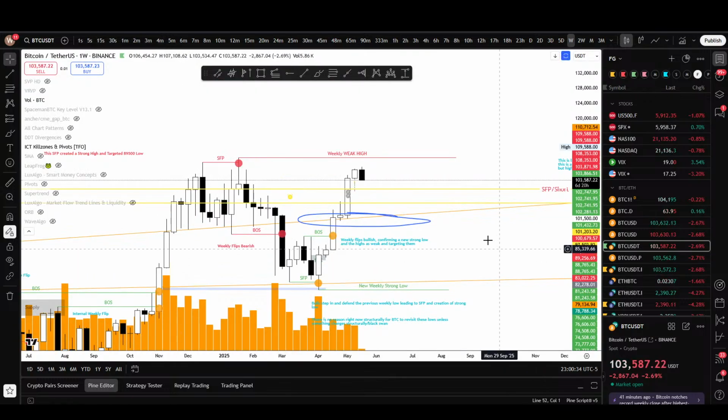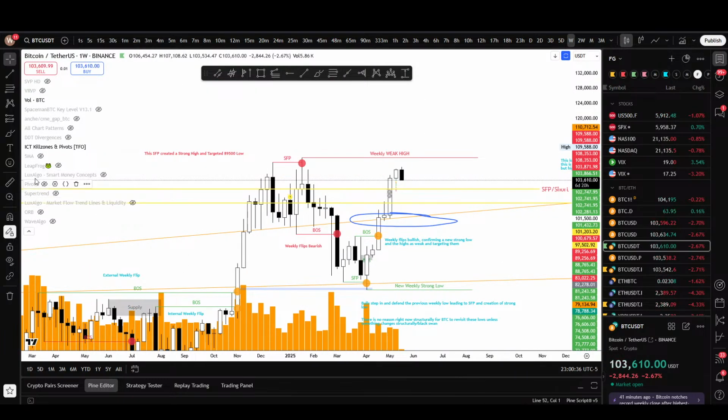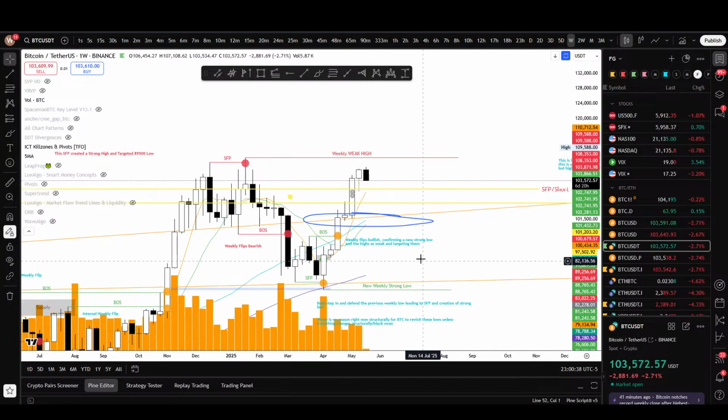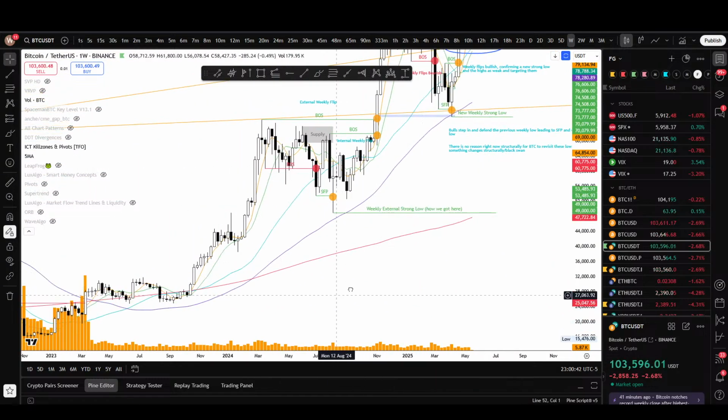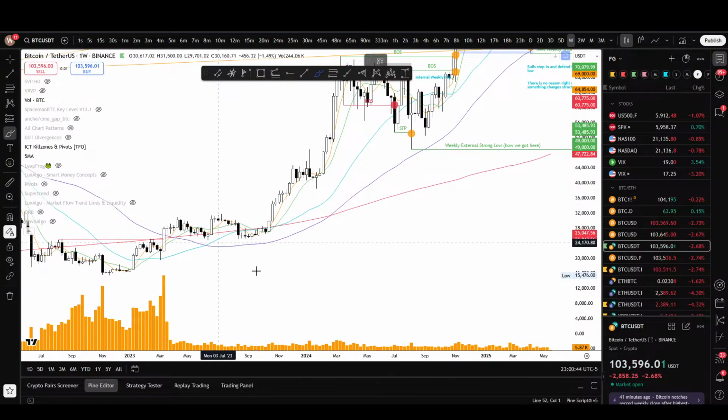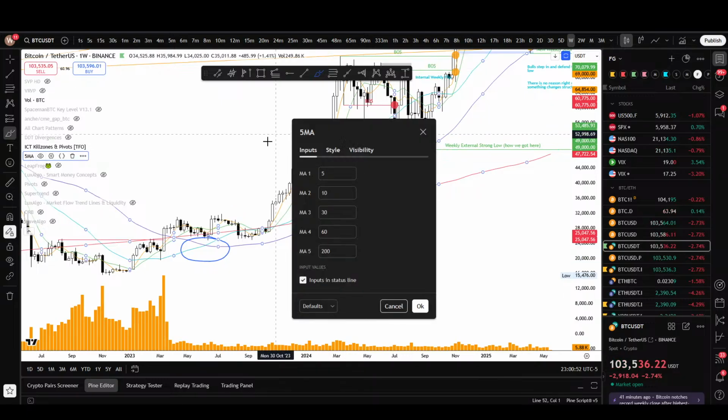So if we go on our bigger time frames here, here's an example on the weekly, right? So we get the 60 crossing the, I believe this is the 60 and the, let's see, what do I have on here? The 60 and the 30, right?